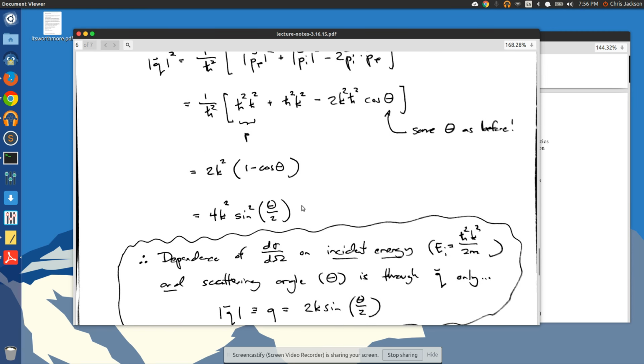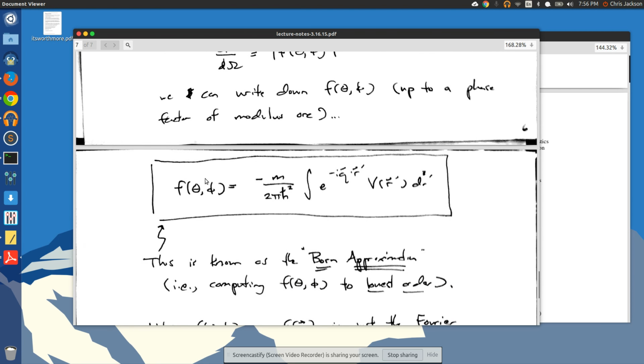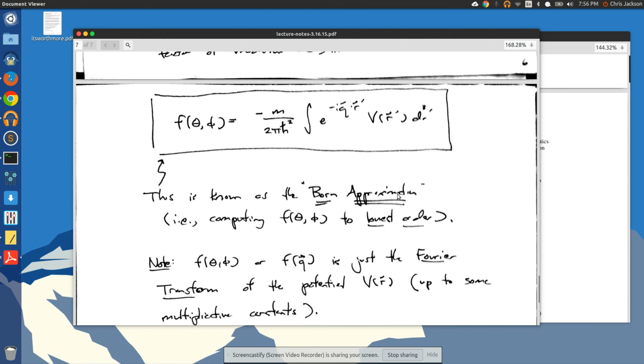And if I get all the factors right when I'm matching, the scattering amplitude looks like this. This is known as the Born approximation, because we've only computed this thing to lowest order. So when you hear Born approximation, always think lowest order.